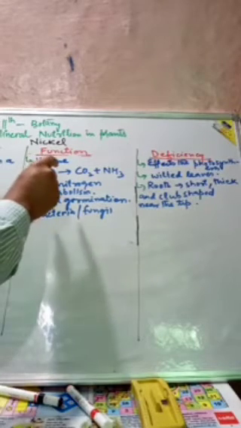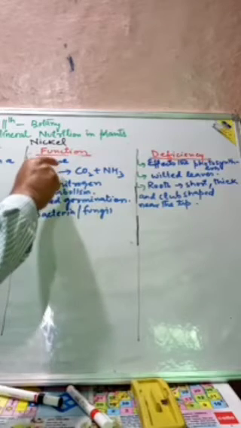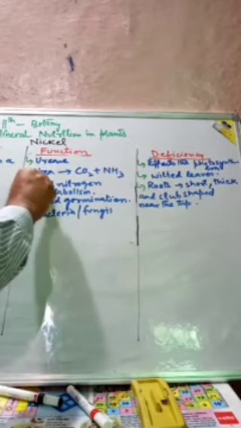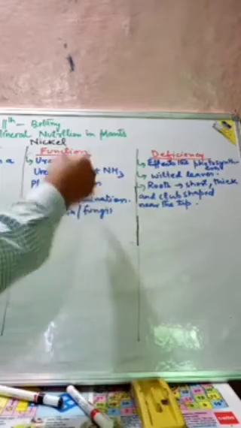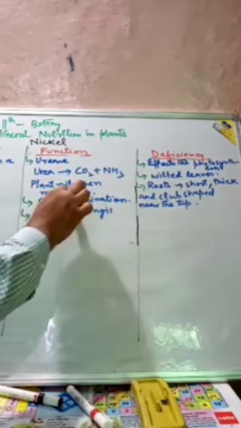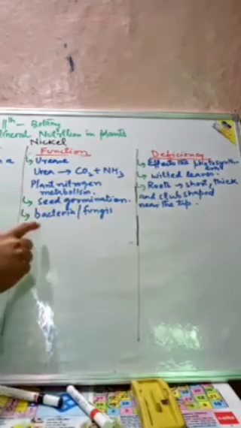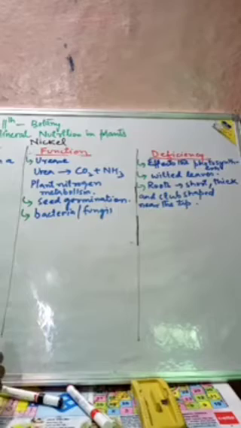So functions: it is an important component of urease, and this enzyme helps convert urea into ammonia in the plant tissue, making it available for nitrogen metabolism. It is important for seed germination, and for bacteria and fungi, which are both important for good plant growth.